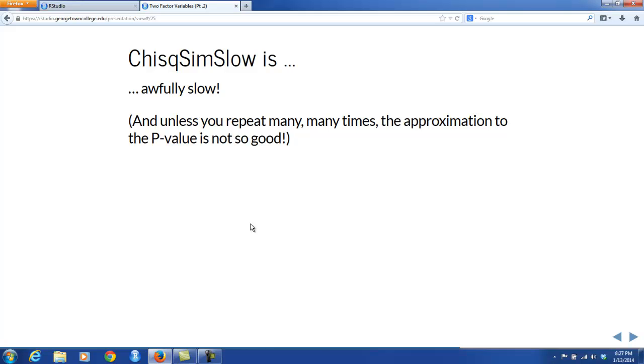So all the effort we've been putting in to chi-square sim slow has been very good at helping us to understand what to expect when the null hypothesis is true versus what we actually got. But it's not a great way to get really, really good approximations to that probability that we seek.